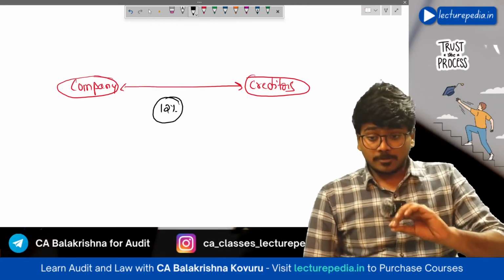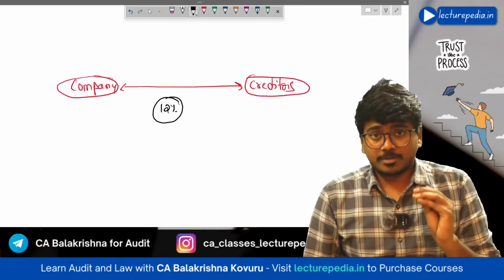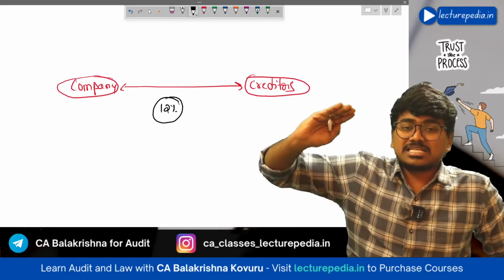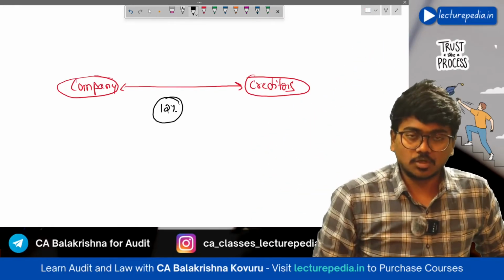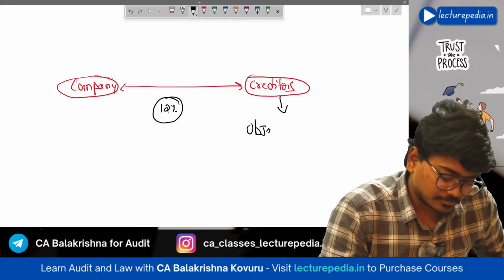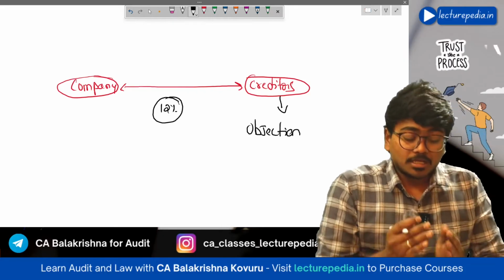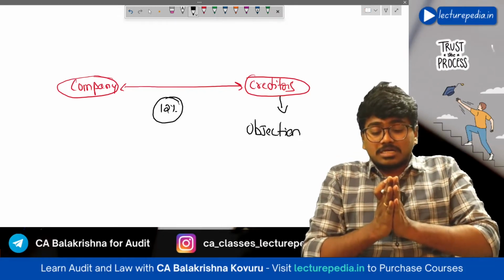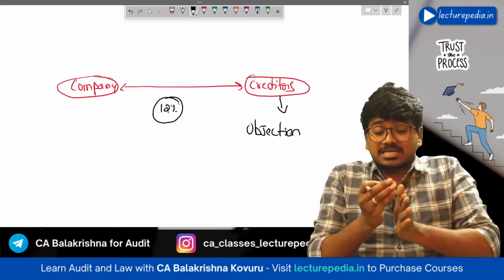Now if for this compromise or arrangement any creditor is having an objection, to raise objection, objection means they are not rejecting the scheme, but they are having an objection.